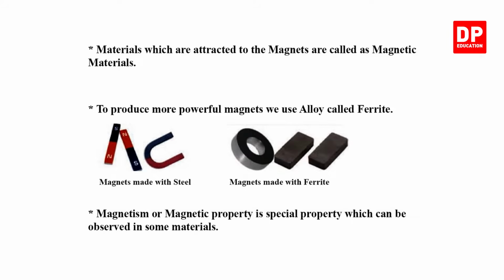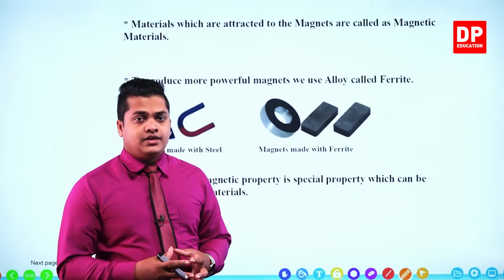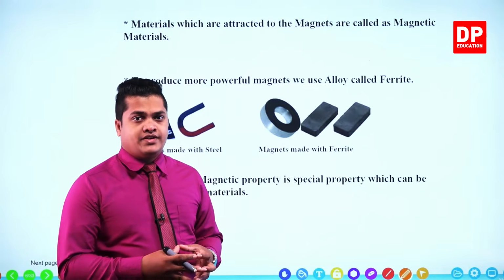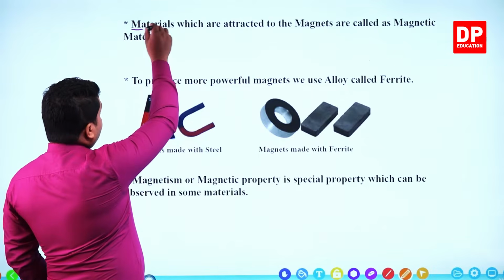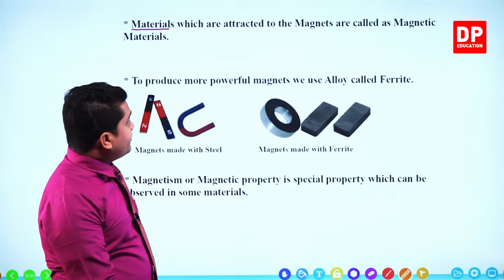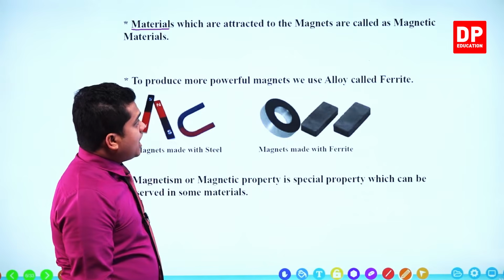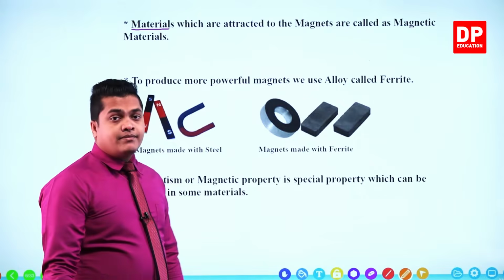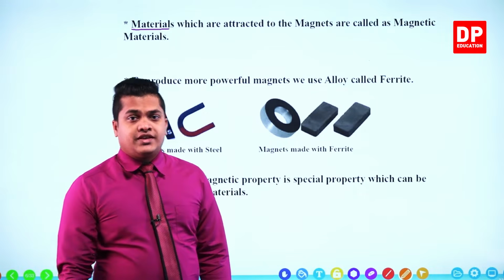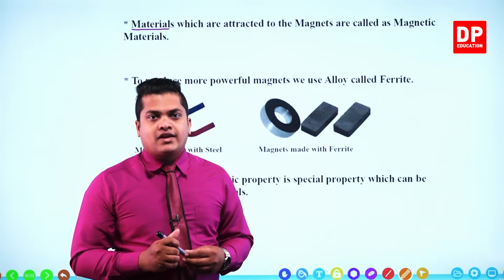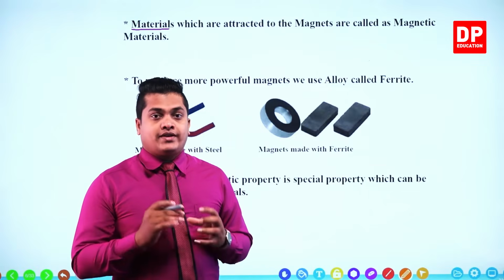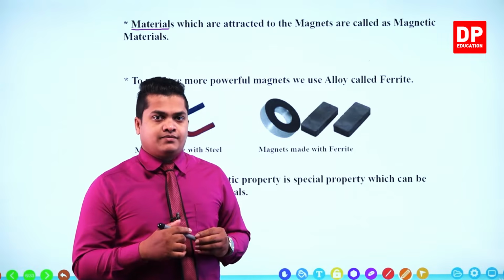Once again, what are the things called magnetic materials? The materials which are attracted to a magnet are called magnetic materials. Magnetic materials have magnetic properties.